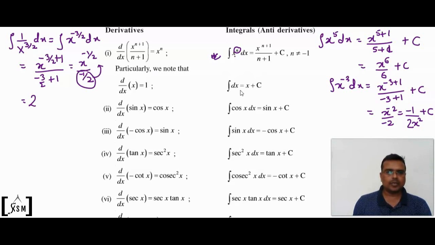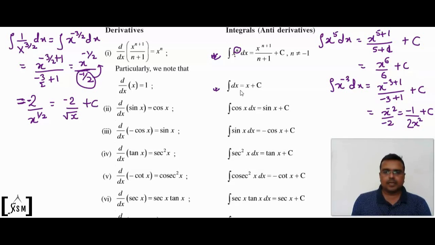Because it is in the denominator, it will be minus 2. And x to the power minus half, I bring it down, making x to the power half. When we bring it up to down or down to up, we change the sign of the powers, right? So negative 2 over root x, that is the integration, and plus c is the integral constant, right?